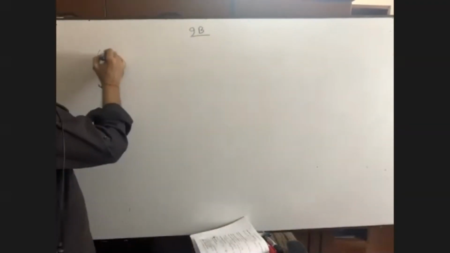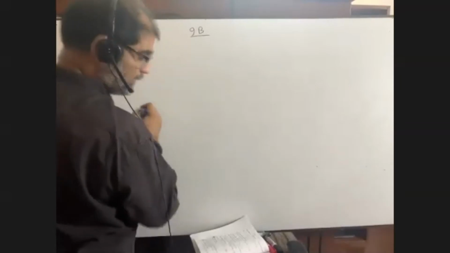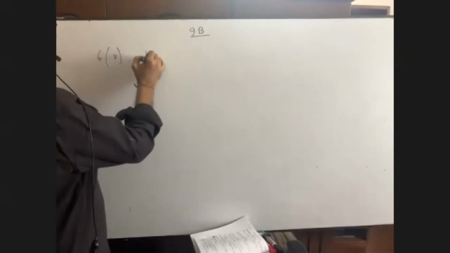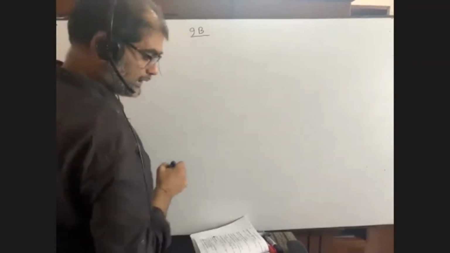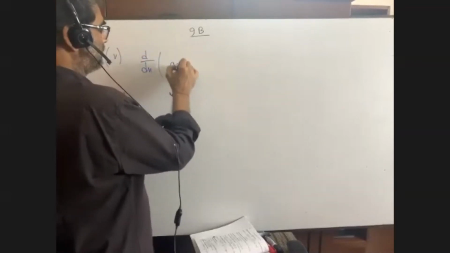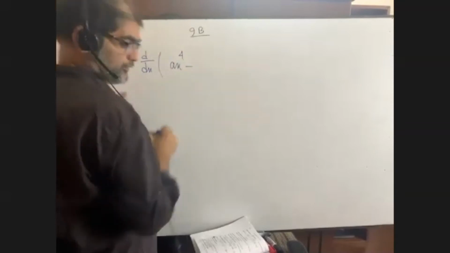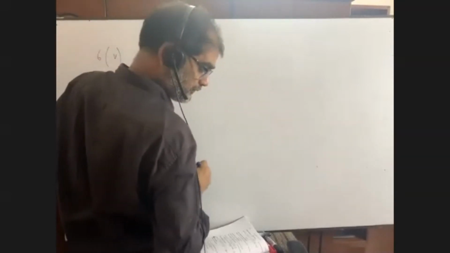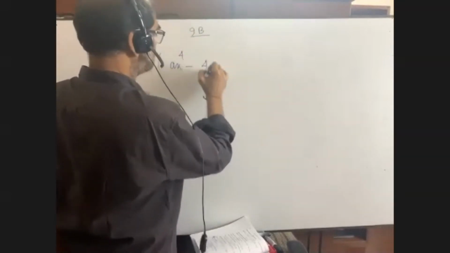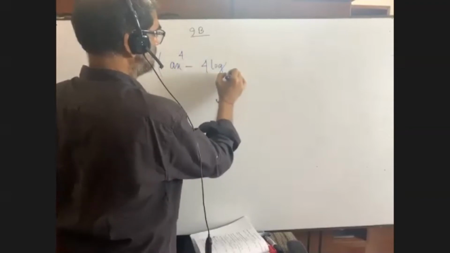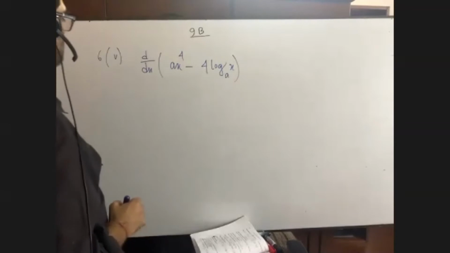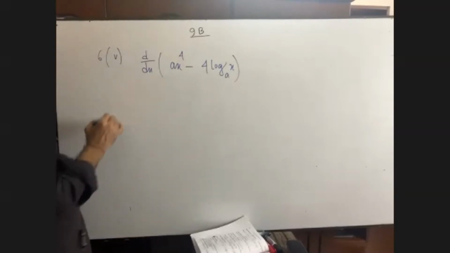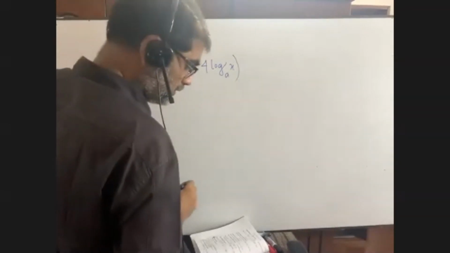Question number 6. 5 d by dx of a x to the power 4 minus 4 log a base x. Do it. Quick, quick, quick.